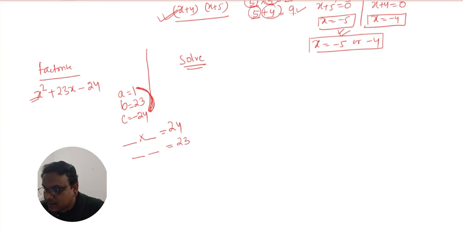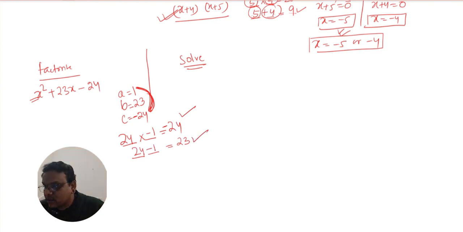Okay, my bad, it is minus 24, right? 1 times minus 24 equal to minus 24. So how to find this answer? 24 times minus 1 is minus 24, and 24 plus minus 1 is 23.